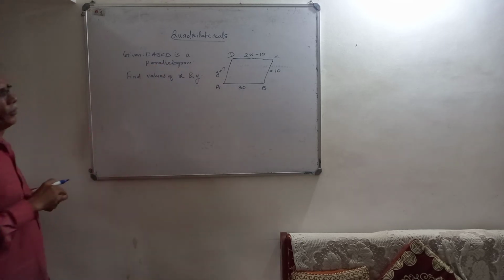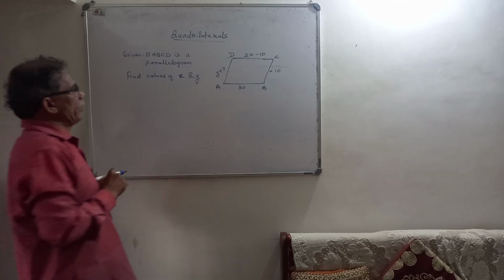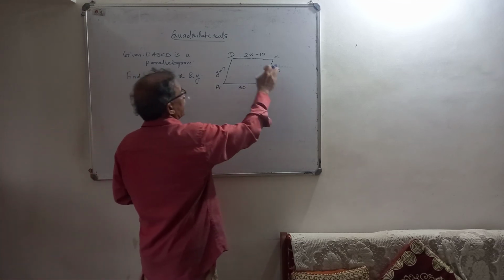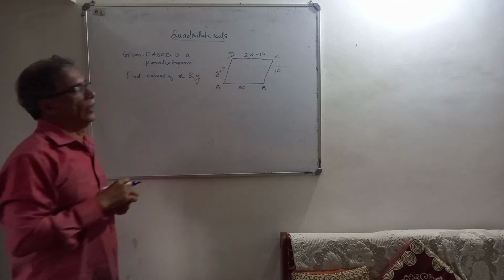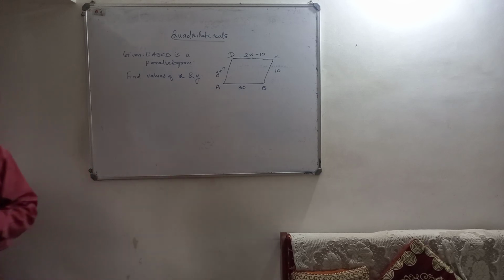Suppose this is given to you. This figure is given, and what is the given information? It is a parallelogram, and we have to find the values of x and y.